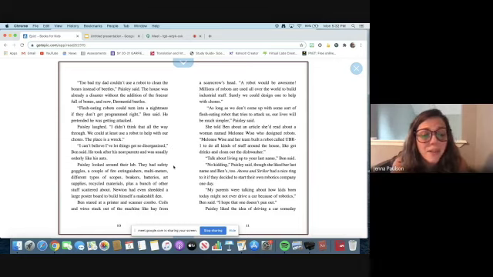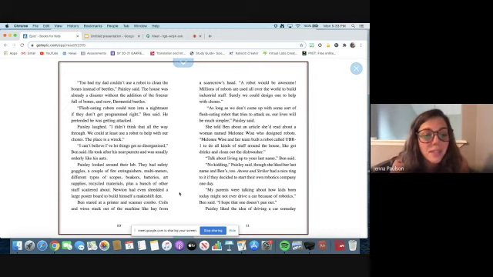Paisley looked around their lab. They had safety goggles, a couple of fire extinguishers, multimeters, different types of scopes, beakers, batteries, art supplies, recycled materials, plus a bunch of other stuff scattered around. Newton had even shredded a large poster board to build himself a makeshift den.